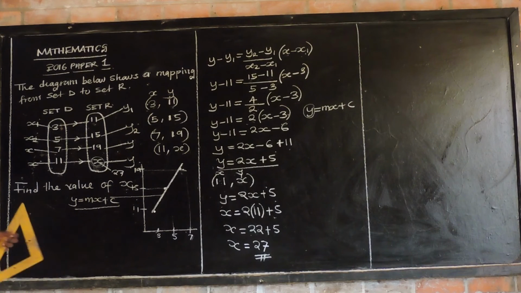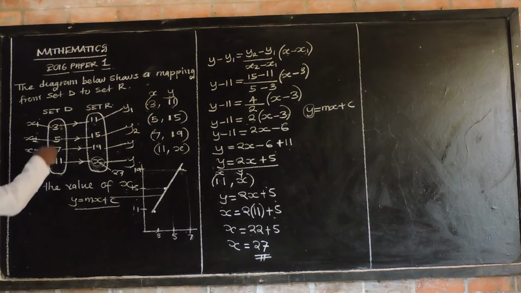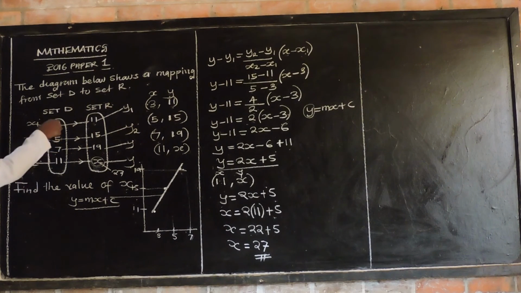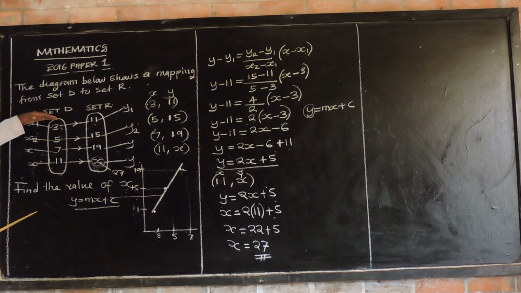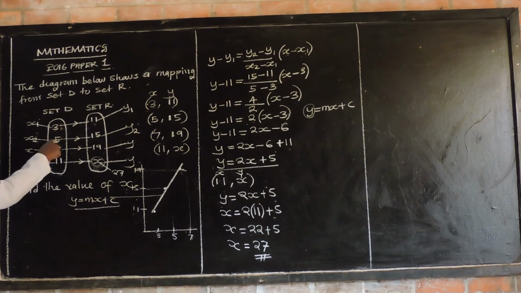So the value of x is 27. But if you want to look at what is happening here in terms of the x values, it pertains to set D. Set D, they are adding 2 to each number. 3 plus 2 is 5, then 5 plus 2 is 7.